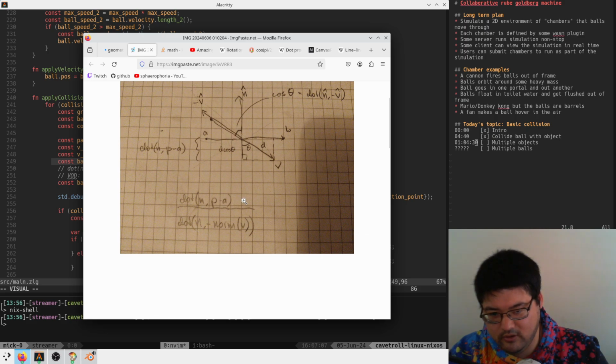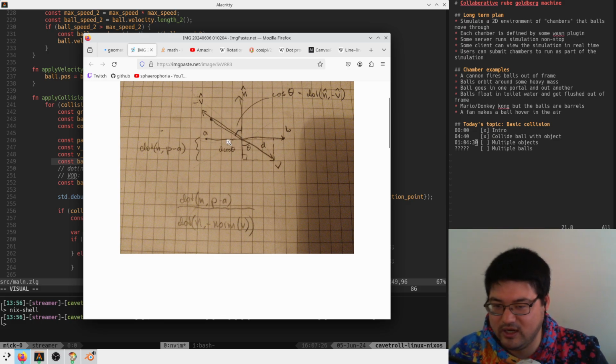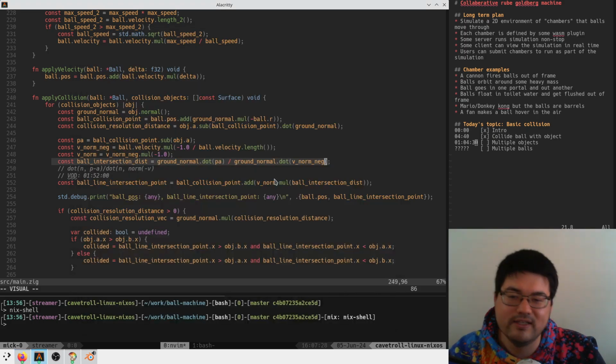Okay. I think I'm getting lost on this division again. This is cos theta, which is this angle. So this is the projection of the normal onto here, this distance, divided by cos theta. Oh, yeah, because this times cos theta gives me that distance, of course. Yeah. Oh, I see it.